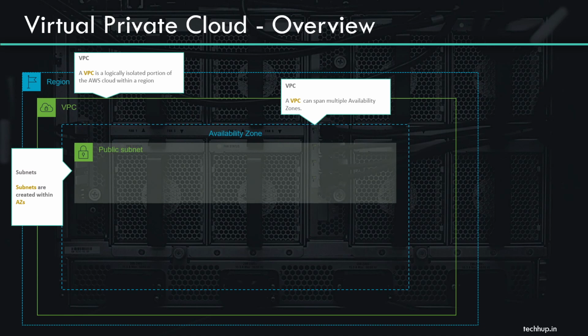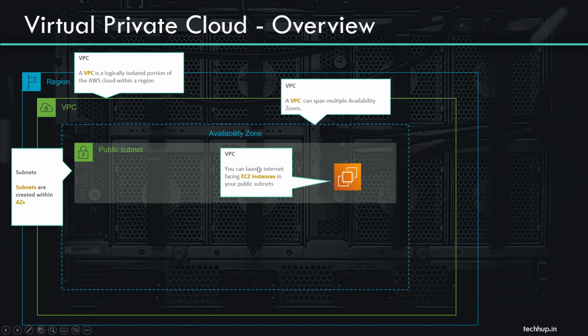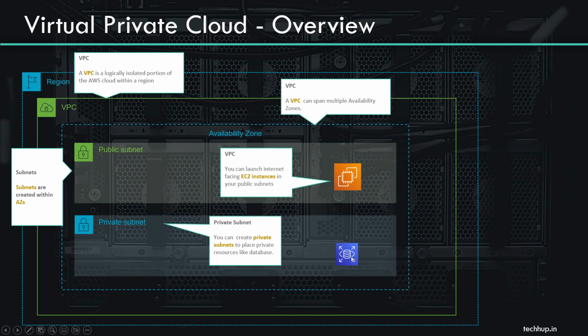You can create a public facing subnet with your web servers that have access to the internet. It also lets you place your backend systems such as databases or application servers in a private facing subnet.